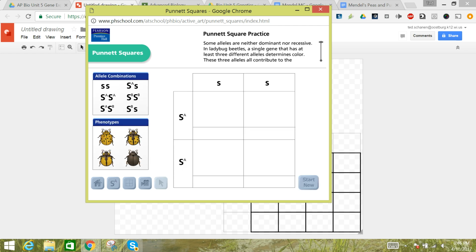So again, in this situation, if we have this outlined yellow and spotted yellow, the genotype would look like that. Same thing over here. And again, same thing here. And then we should be able to pick out what they're going to look like.